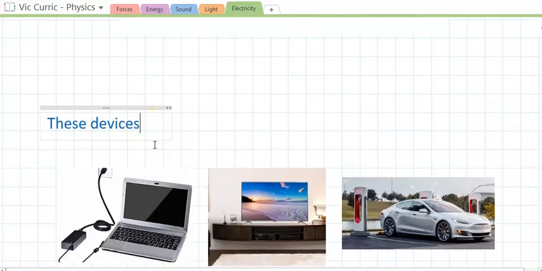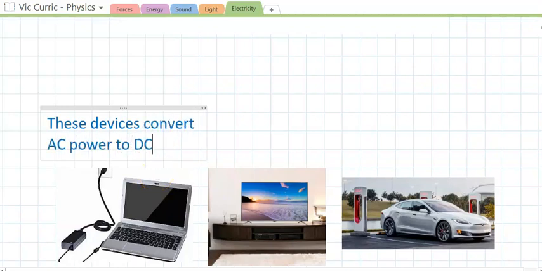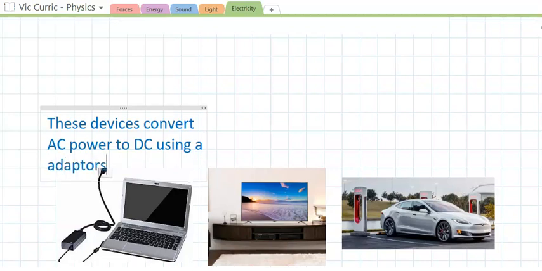The last thing to look at is some devices actually convert power between the two. So any device that you see where you plug it into the AC power point, but it has this little black box, these devices are transforming the AC power into DC, so that device can use it. So these devices convert AC power to DC using a transformer, and we often call them adapters.